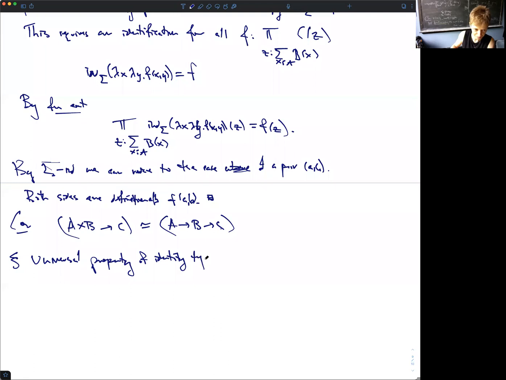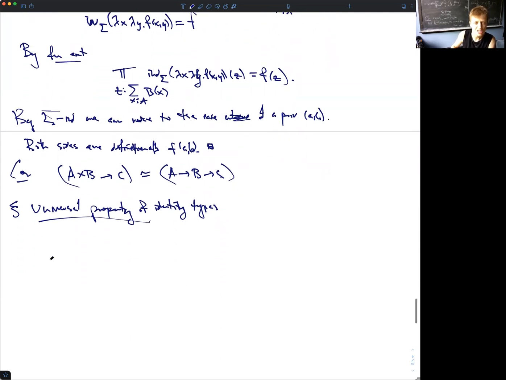Identity types. Okay, so, right. Actually the Yoneda lemma connects most directly to a special case of the universal property of identity types. So I'll start there.